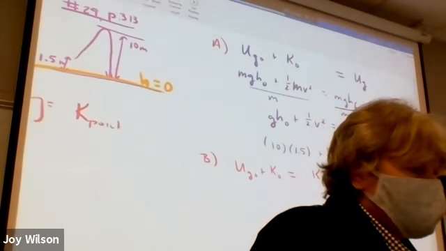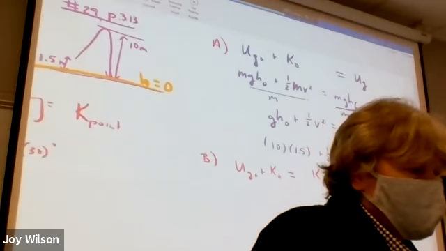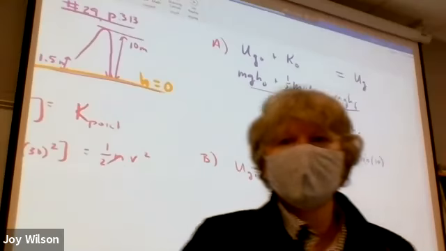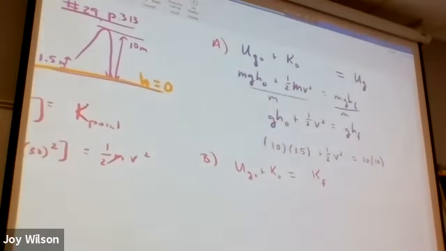You have all the information, because this would be 1/2 m and you know this is 30. This one is 1/2 m and you don't know the speed. So then the m's cancel, and you're left with the other numbers.